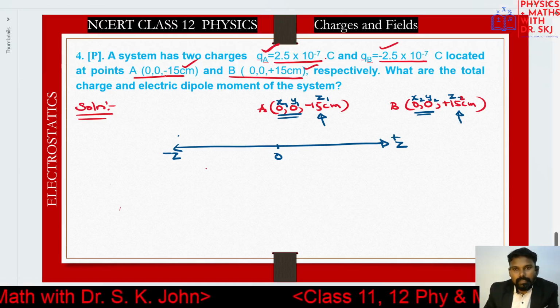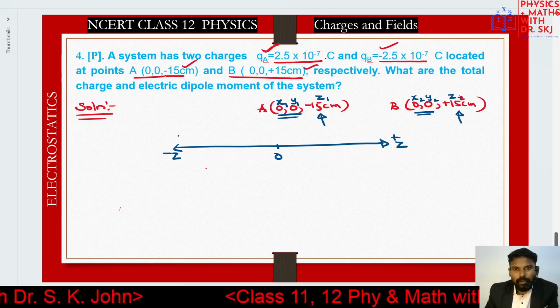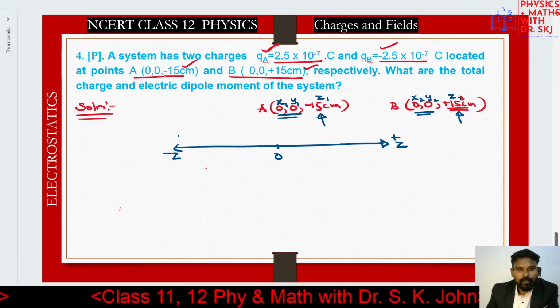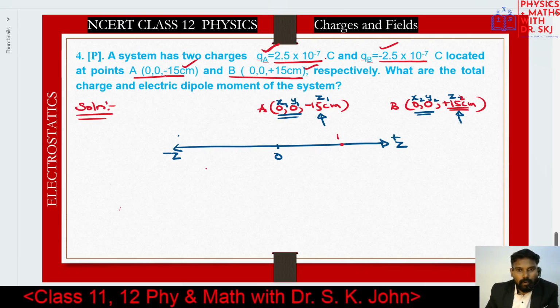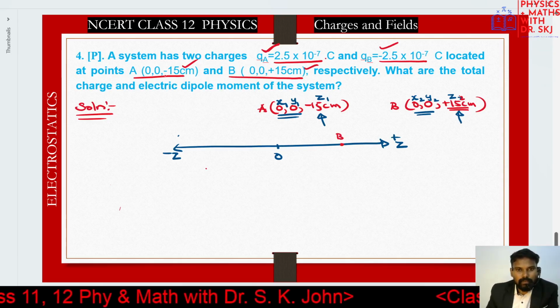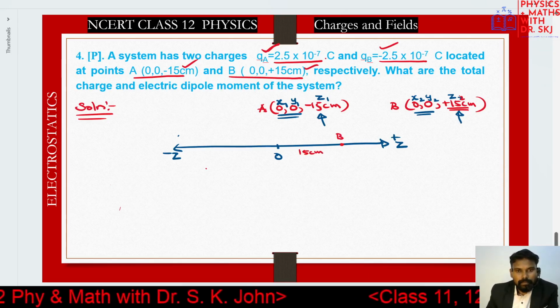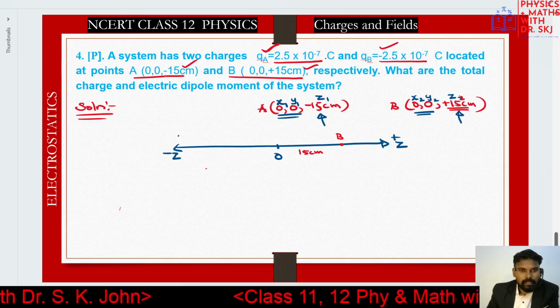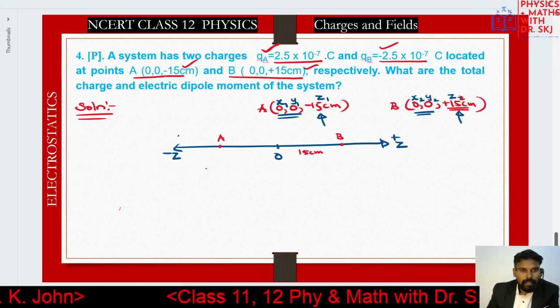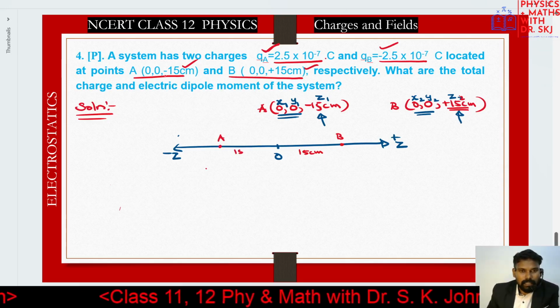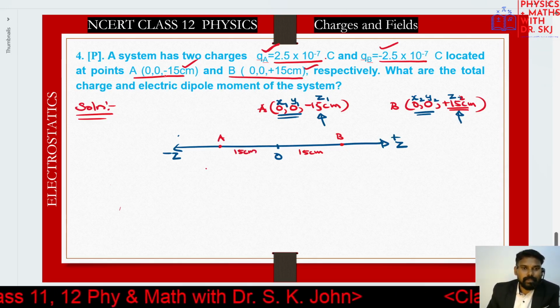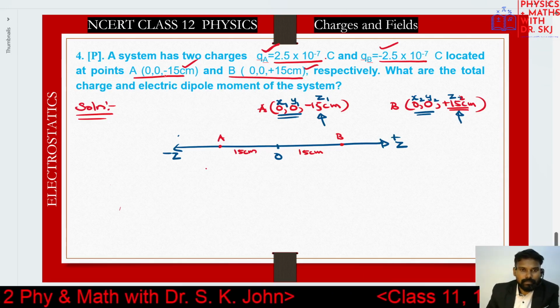Here the z2, or the point B, is plus 15 centimeter away from the origin. The point B is this point, 15 centimeter away from the origin on the z axis, and the point A is minus 15 centimeter, like 15 centimeter to the left of the origin. Okay, so this is the point A.